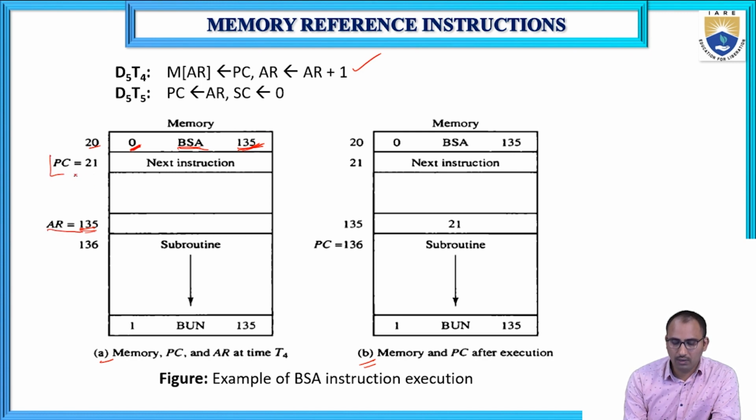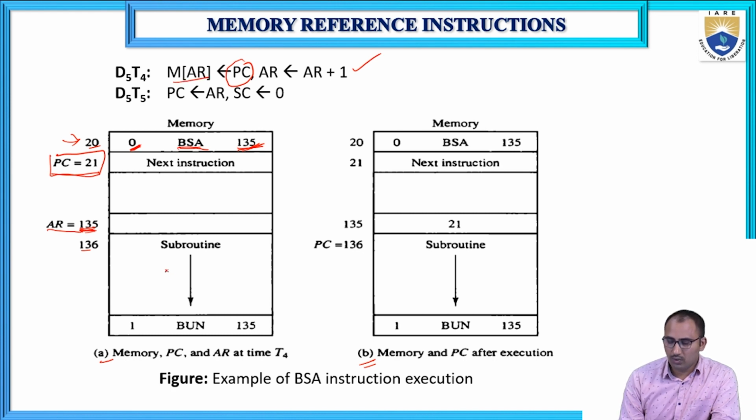Here the program counter value is 21, because when the instruction available at 20 is executing, the address of the next instruction is stored in the program counter. So the program counter is equal to 21. Now the address register is holding 135. Now see, first the program counter address we are storing into memory.